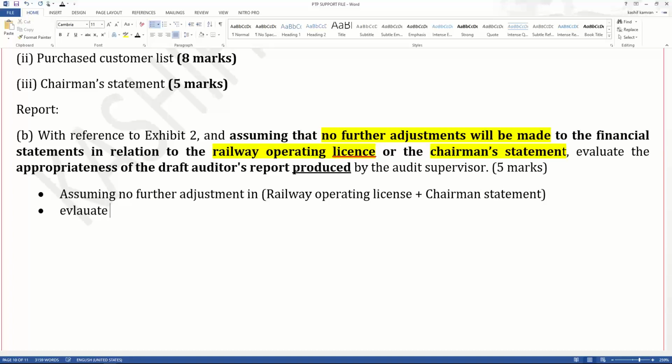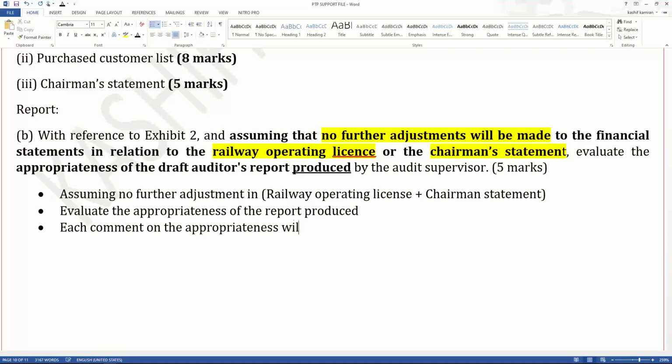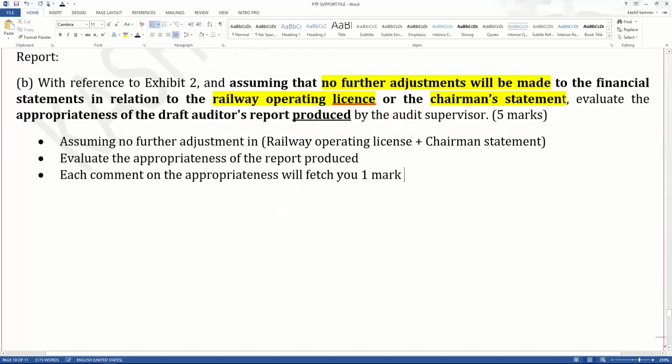Evaluate the appropriateness of the report produced. Each comment on the appropriateness will fetch you 1 mark. There might be something right in the audit report produced, or something wrong. You need to comment on the appropriateness, and each comment will fetch you 1 mark.